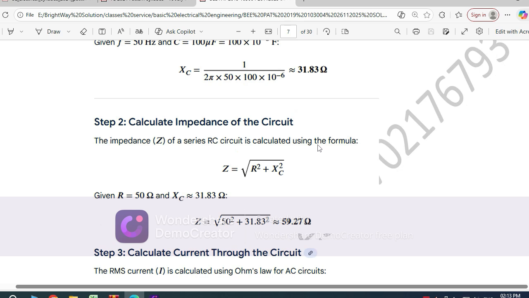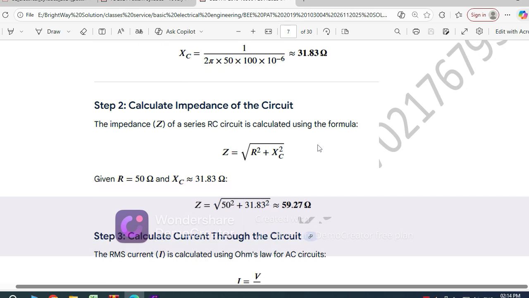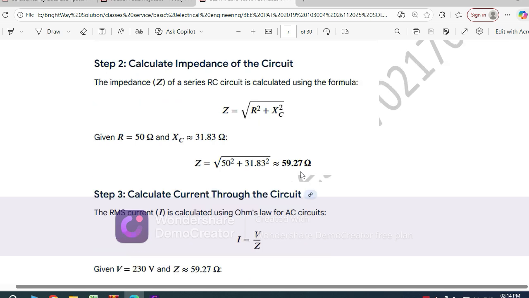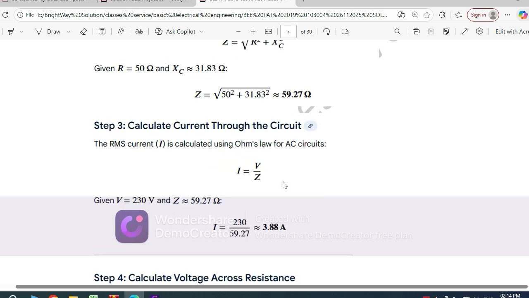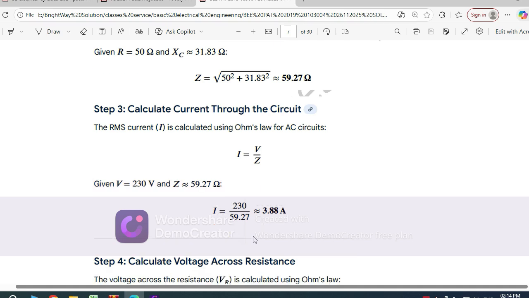Then the total impedance we consider as the resultant: square root of R square plus XC square. So we get the value 59.297 ohm. The total current is V upon Z, which is 3.88 ampere.